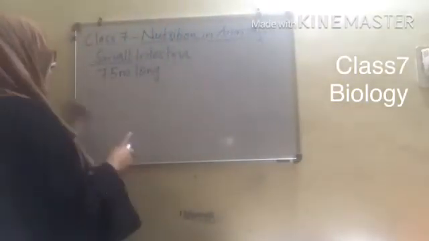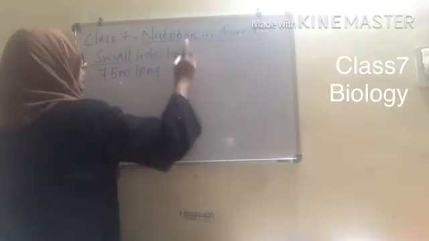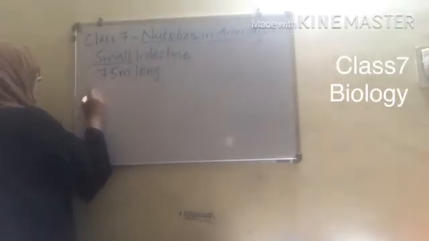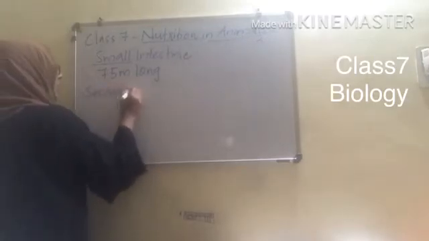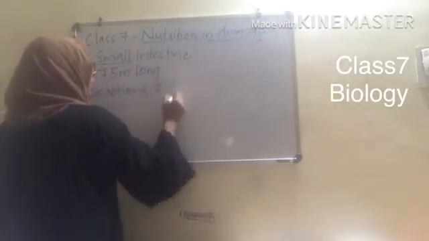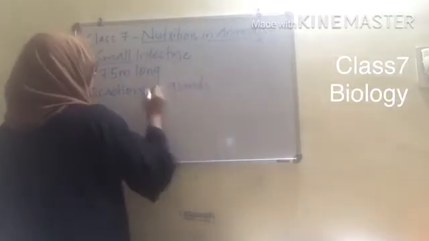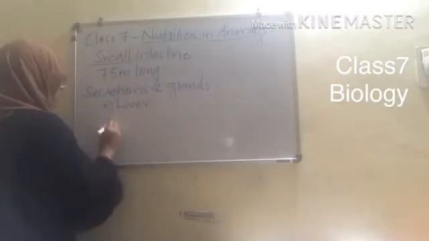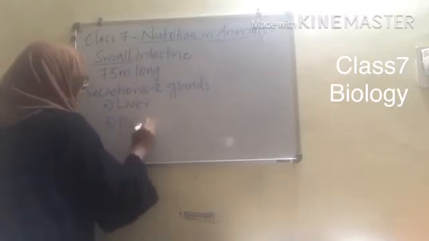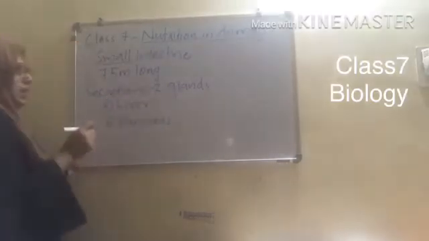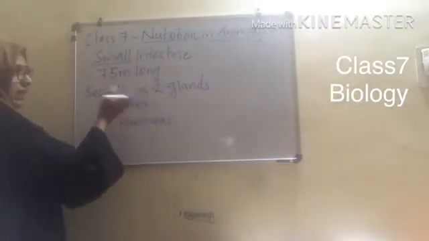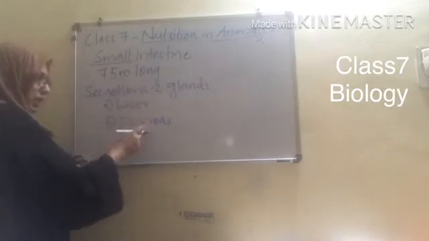The small intestine receives secretions from two glands, first of all the liver and pancreas. The small intestine receives the secretions from liver and pancreas.